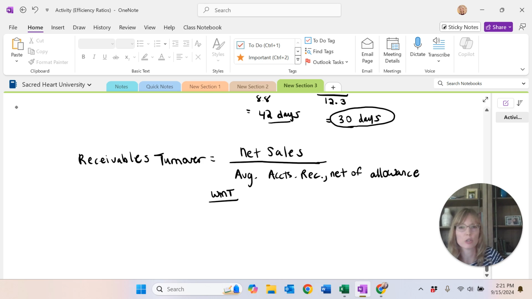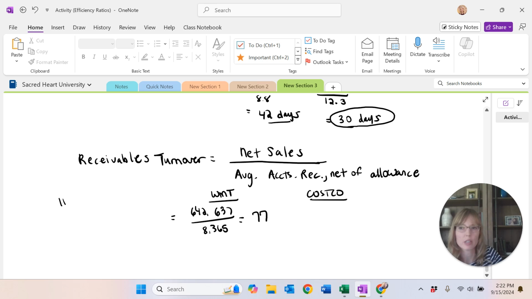Let's look at receivables turnover for Walmart and Costco. Walmart has net sales of 642,637, and on our denominator, the average accounts receivable, 8,365. And this works out to be 77.